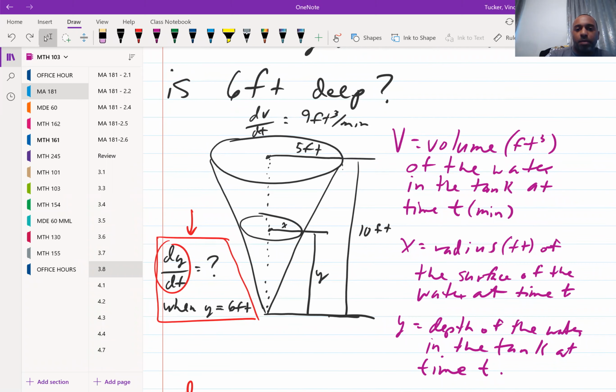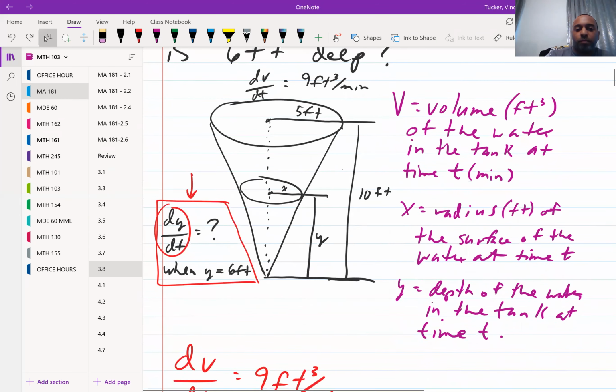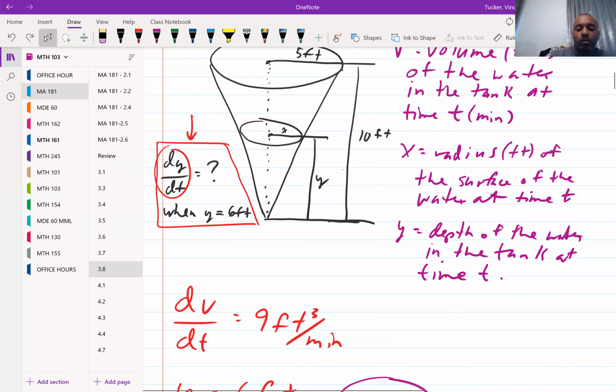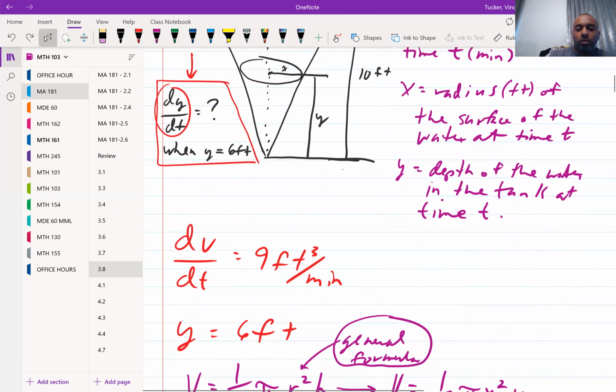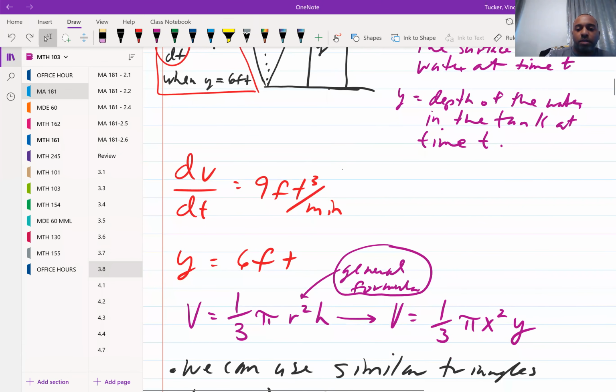All right, somebody still copying? Can I scroll up? All right. So here we're just putting down general information.